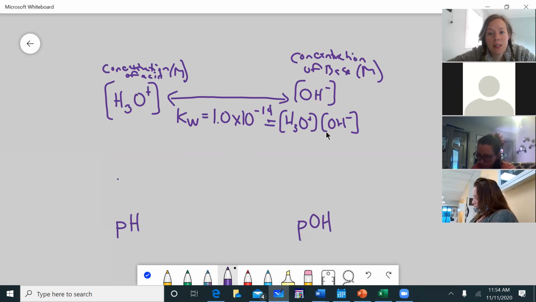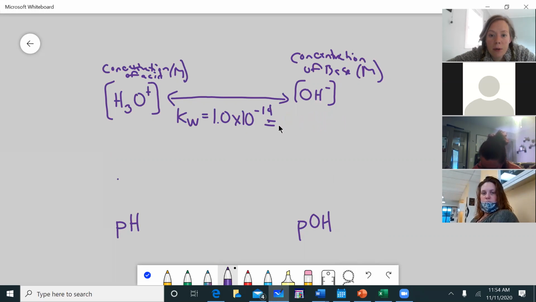I do need to put another arrow here. Sorry, there's going to be an arrow going up and down there. It's kind of messy. In fact, I'm going to put this down here. So this thing equals H3O plus times the OH minus.